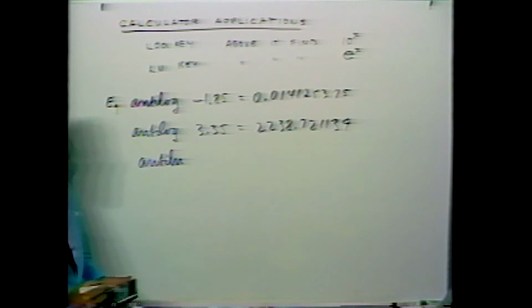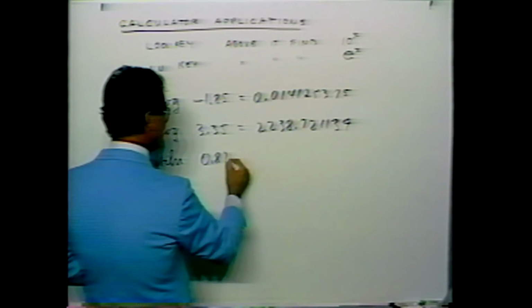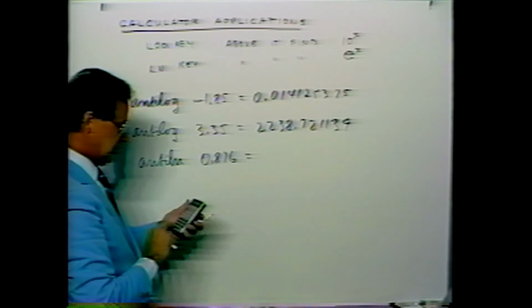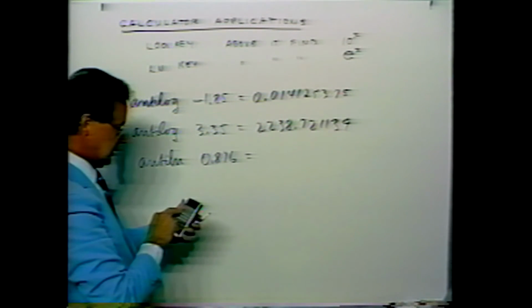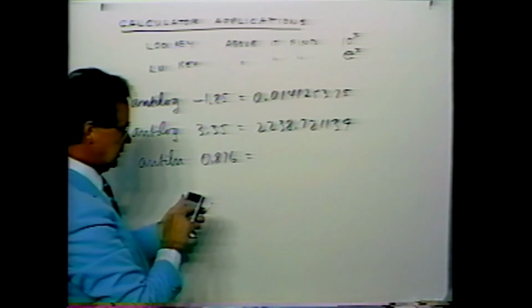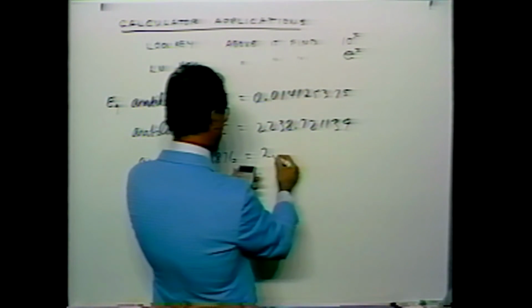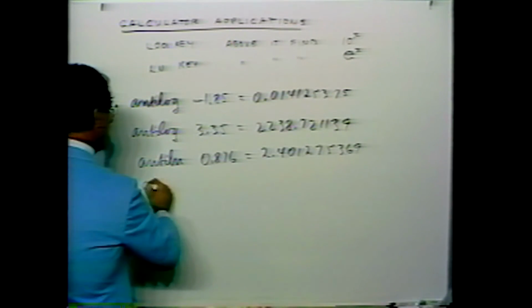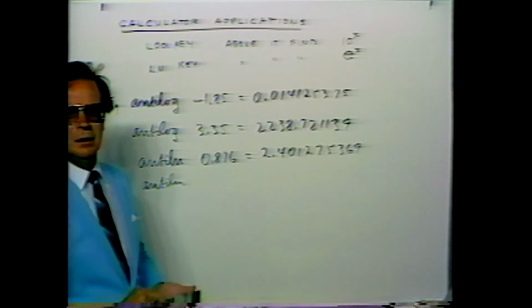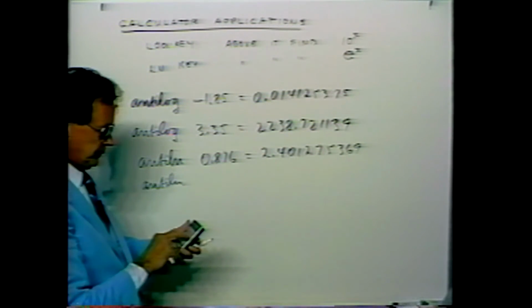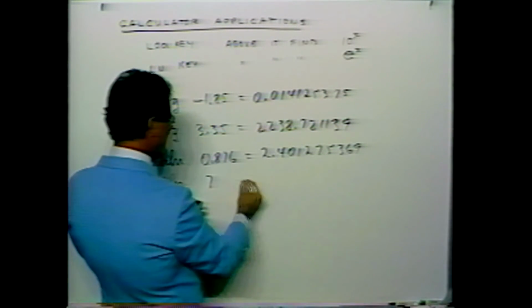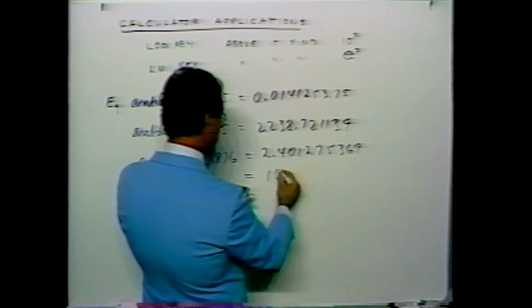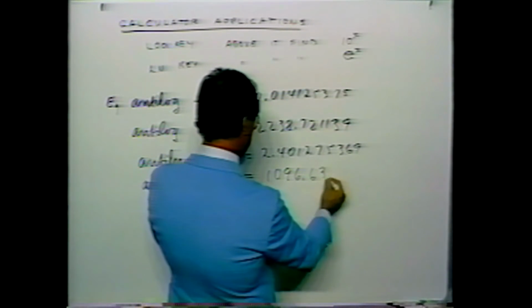The antiln of 0.876, enter 0.876, the inverse key followed by the ln, and you have 2.401275369. Another example, the antiln of 7 is equal to 1096.633158.